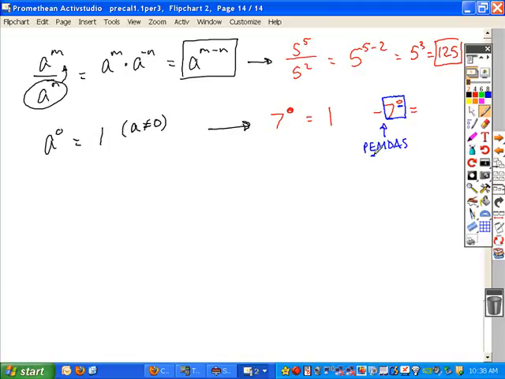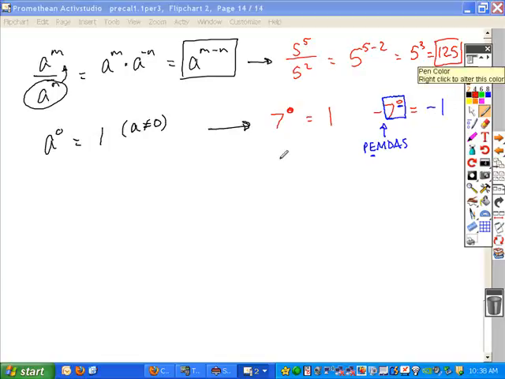You have to do the exponents first. The negative sign is just a change of sign representation. It means that you're taking whatever quantity this is and multiplying by negative 1. So really a negative 7 is the product of negative 1 times 7. So the way this was written, negative 7 to the 0, you would have to do the exponent first. 7 to the 0 is 1, and then multiply by a negative. So your overall answer would be a negative 1.